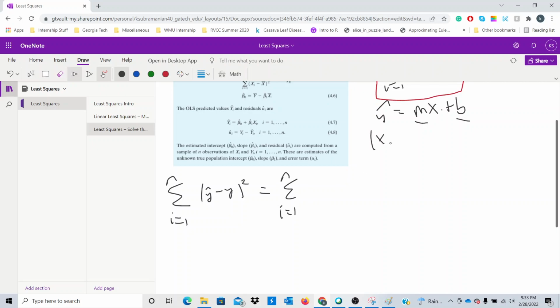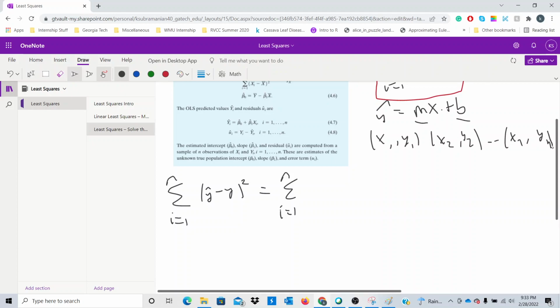Data points are of the form x1, y1, x2, y2, all the way to xn, yn. These are our ordered pairs that we're going to fit a line to. So we substitute our definition for y hat, and this will be m x_i plus b minus y, whole squared.